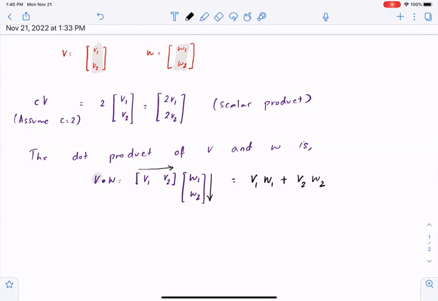So whatever answer you get would be a scalar. It would just be a number.